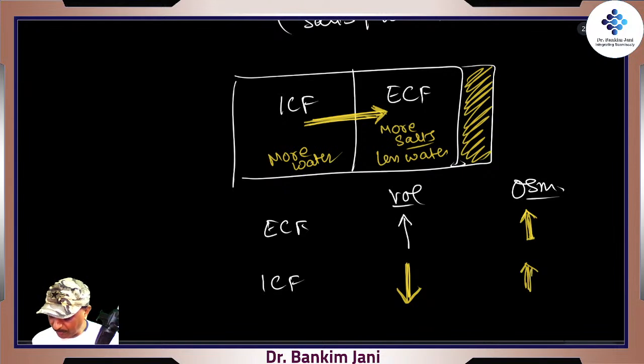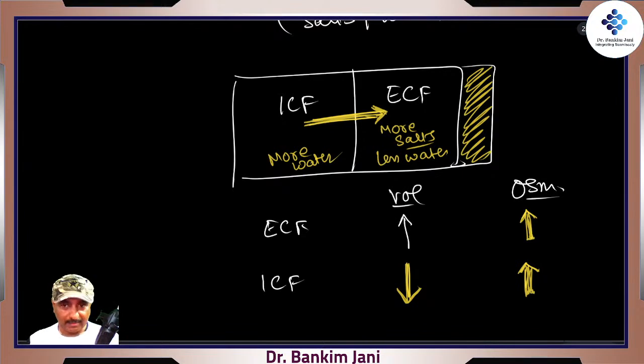Very right. Because the relative number of salts will be much higher. This is the trick. Remember this. When the water is leaving, that means there are so many salts here. Now the water has gone, so there is so much chai and sugar here, so obviously it will be more sweet. When the water comes, it dilutes. When the water goes, it concentrates. So this is what really happens.